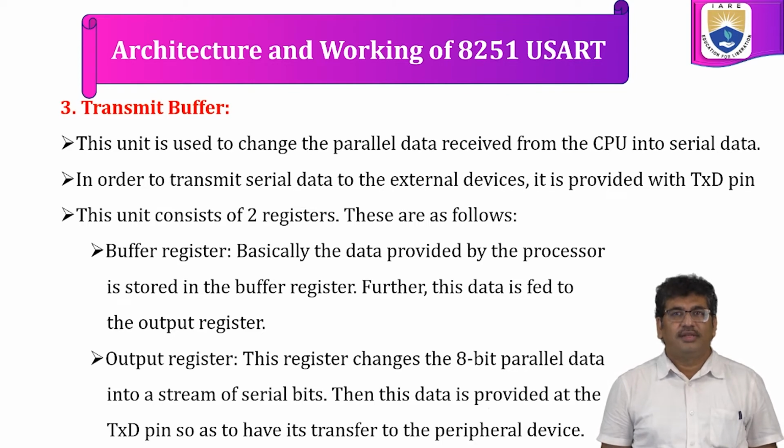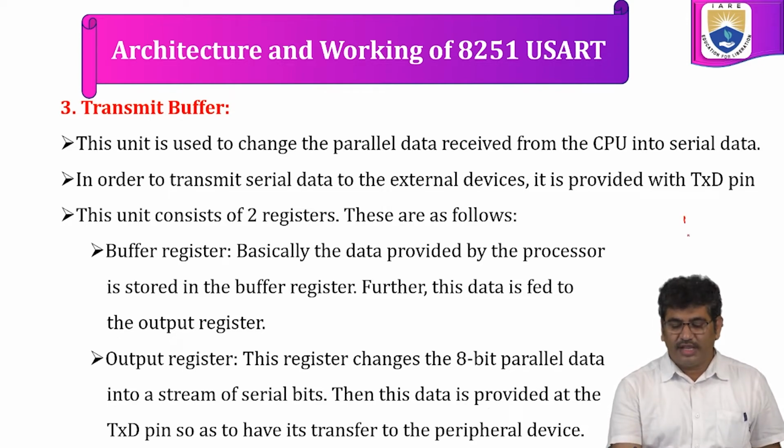The next block is the transmit buffer. This unit is used to change the parallel data received from the CPU through the data bus buffer into serial data, which has to be transmitted through the TXD line. In order to transmit the serial data to external devices, it is provided with the TXD pin.